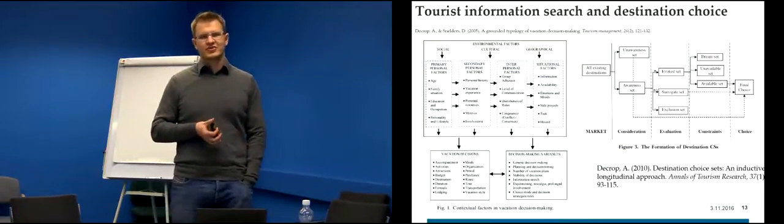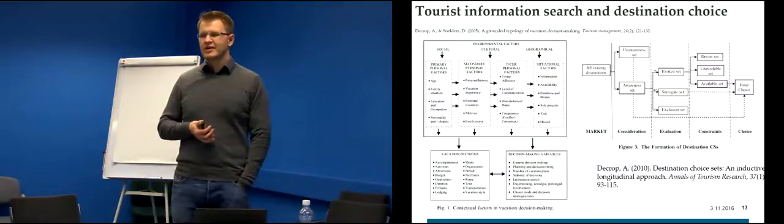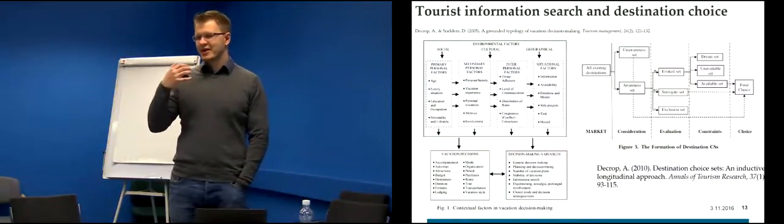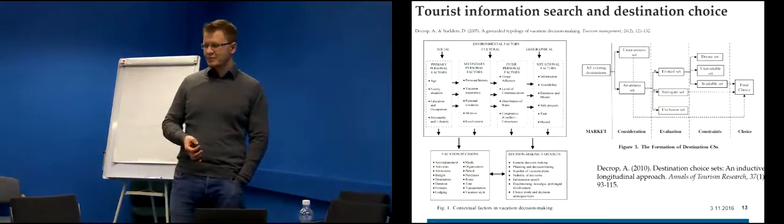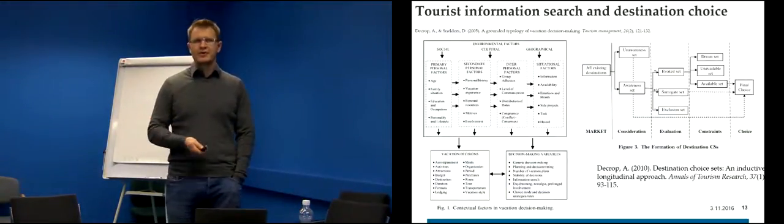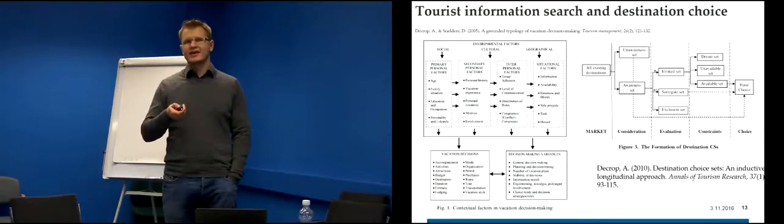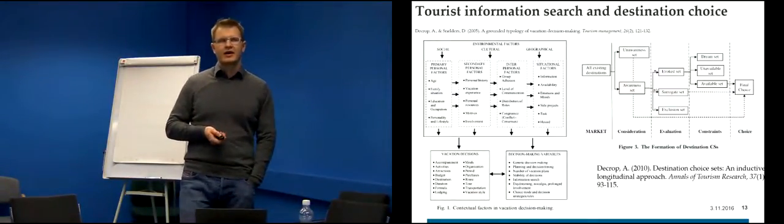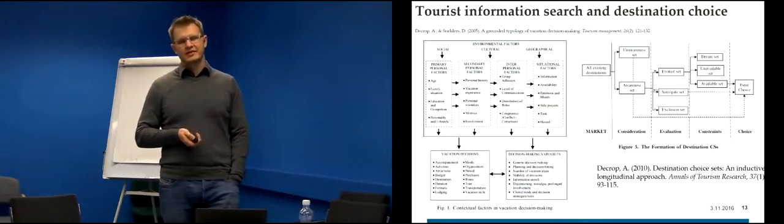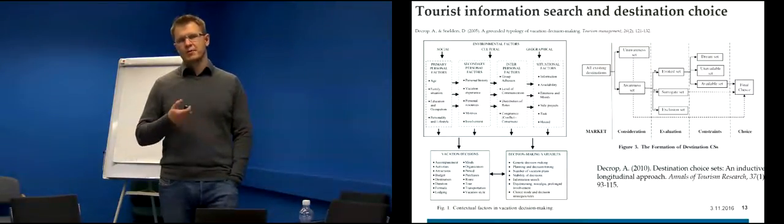These are all the destinations that are really built into our choice set, that if we have the opportunity, we would like to immediately go. But there are a lot of limiting factors that limit our possibilities to go. For example, money, time, and so on.